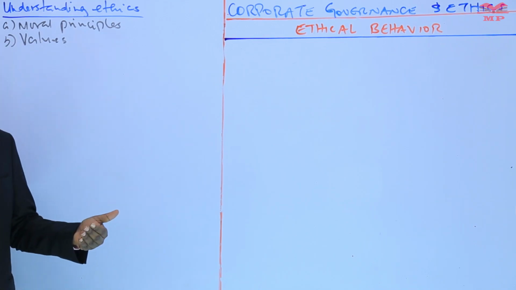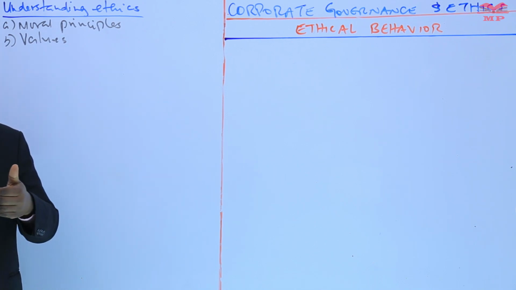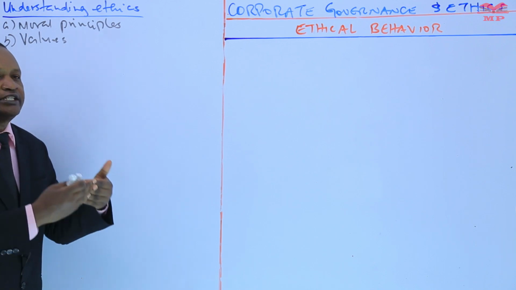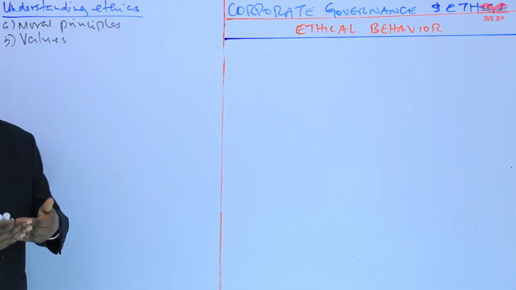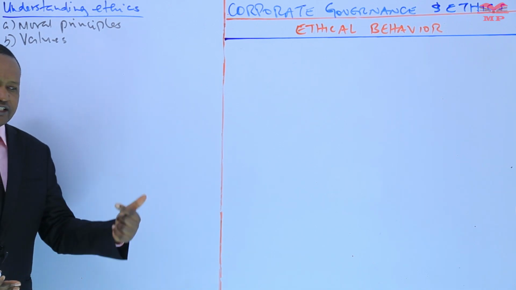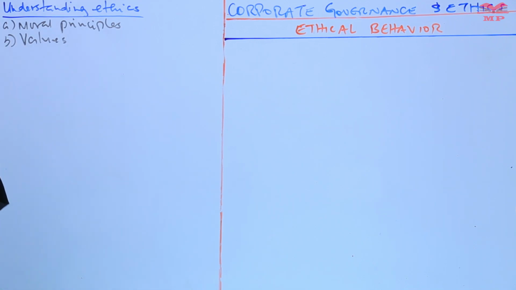So, ethical values guide us in making decisions that align with our sense of right and wrong. So that's the second aspect. For you to understand ethics, you need to understand the values, which are deeply held beliefs about what is important and what is worthwhile.